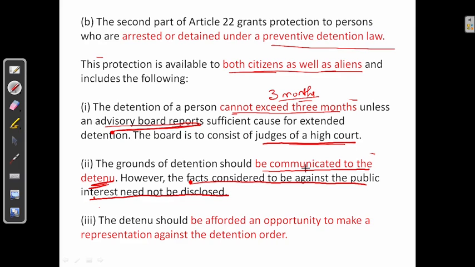Else the facts can be communicated to the detainee. Next, the detainee should be afforded an opportunity to make a representation against the detention order. These are all included under the protection of a person under the preventive detention law.